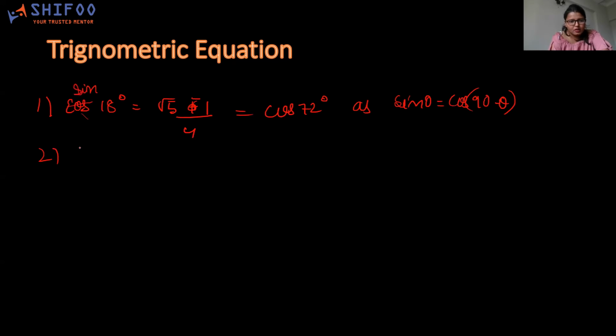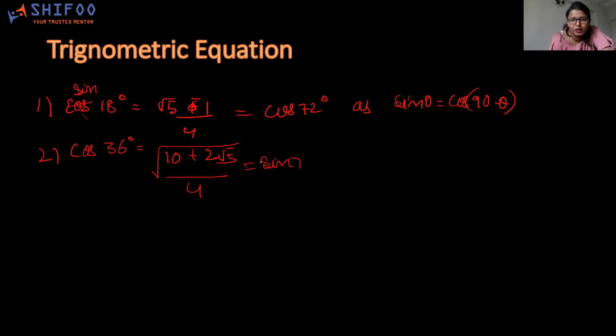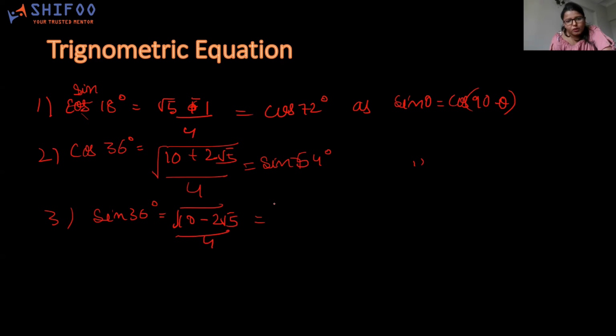Then we have cos 36 degree, that is equal to root 5 plus 1 by 4, which is equal to sine 54 degree. Then the third one is sine 36 degree, which is equivalent to root of 10 minus 2 root 5 upon 4, which is equal to cos of 54 degree.